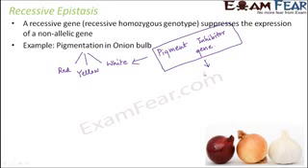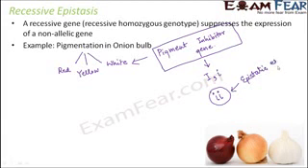So let us say that we denote this gene by I, because it is the inhibitor gene. So capital I, small i are the two alleles of this gene. But this gene will show its epistatic effect only when it is present in homozygous recessive condition. That means only when it is present in this condition, it will show its epistatic effect.